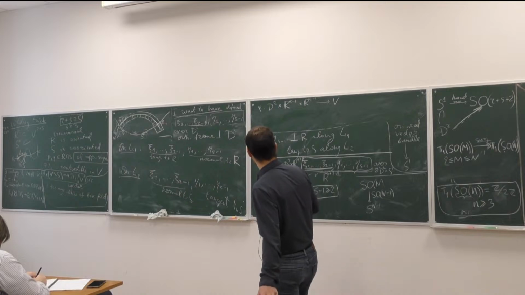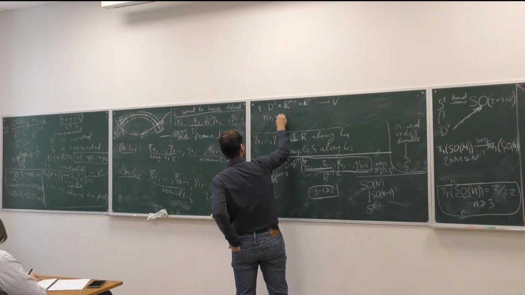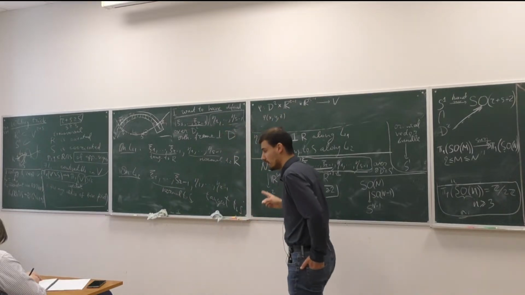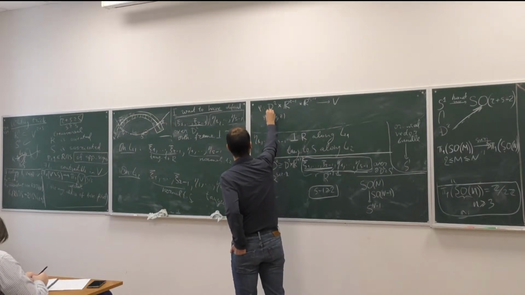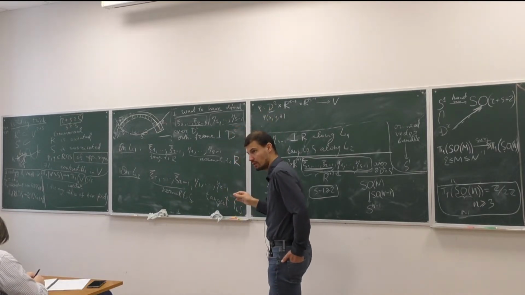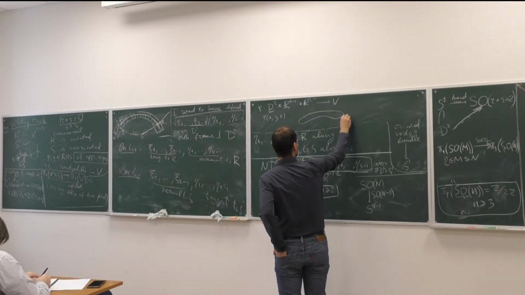This means that if I would like to compute f of x, y, z, well, then I need to take phi, which is already defined on P2. I have already this P2.